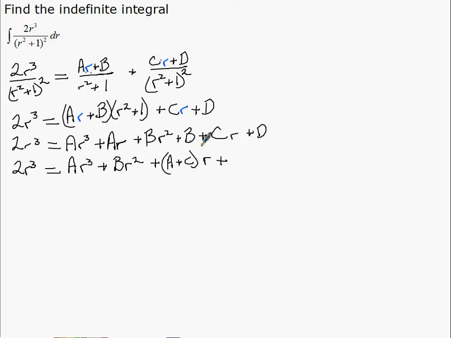And then we have two constants, b plus d. Now we're going to equate the coefficients, so we're going to do it for each of the variables, pardon me, r cubed, r squared, r and the constant.